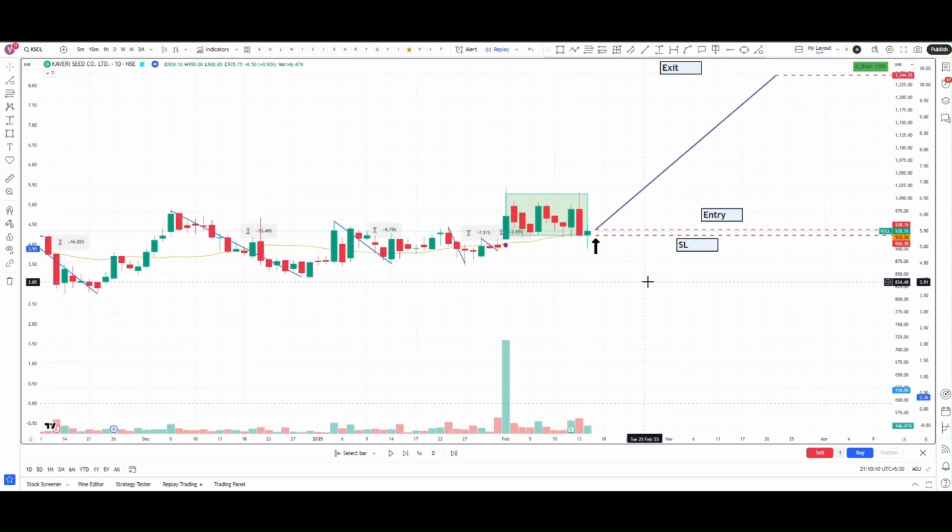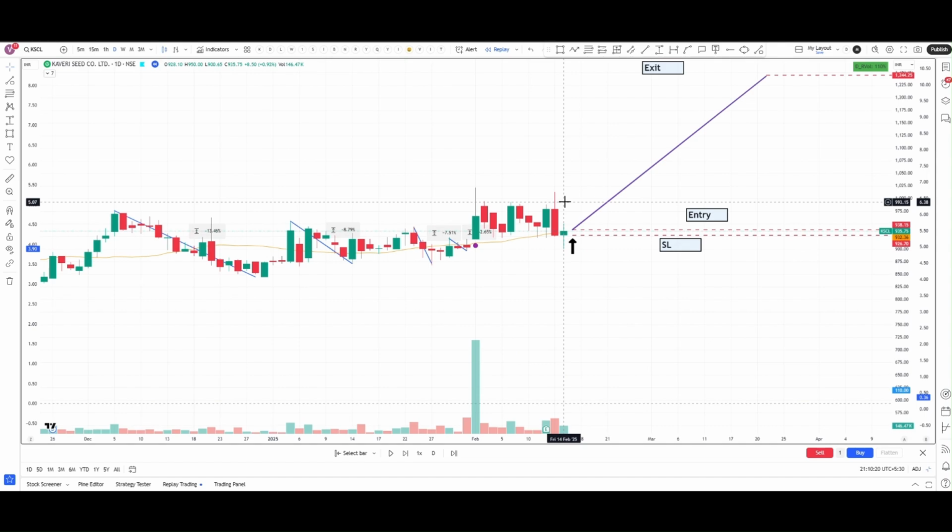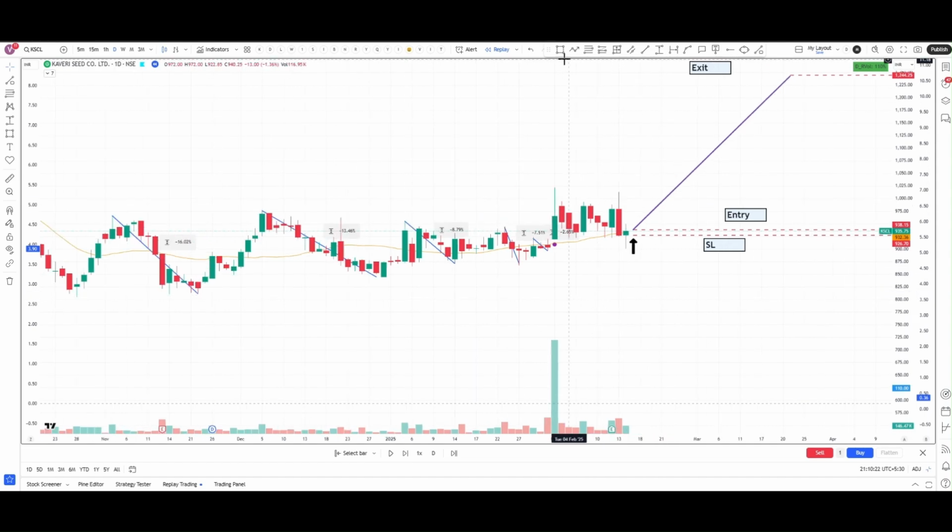My third logic was this particular candle. For the time being, I'll remove this. This particular candle on 14th February had broken this support level and given a shakeout.